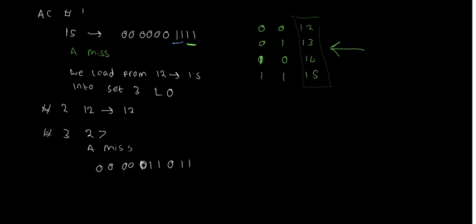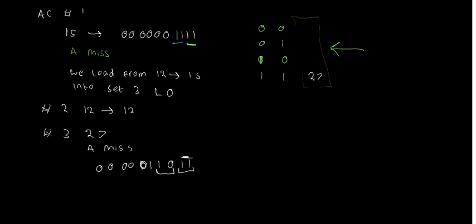So first of all, this one over here is a miss. So we're going to have to load it into cache. We're only concerned with these 2 sets of bits here. What's the value for this? The value for this is 2. So we're going to load it into set 2, but which blocks are we going to load in? Same thing we had done here previously. 27 is at this position in our block. It's at position 3.